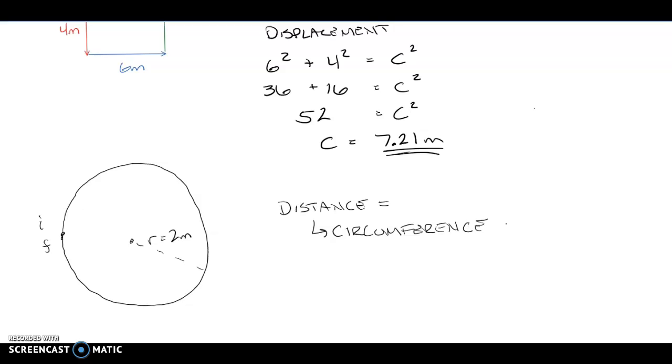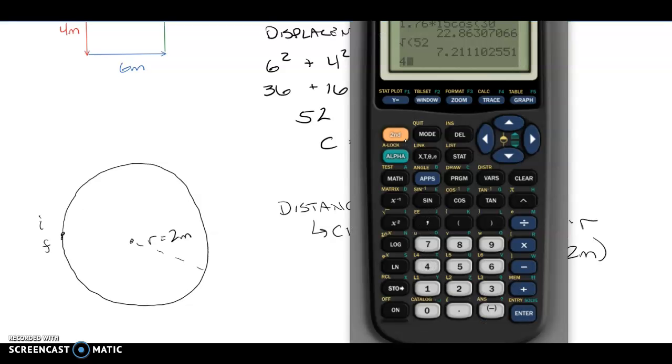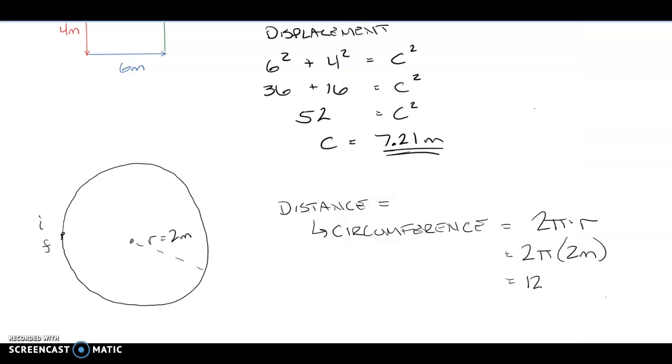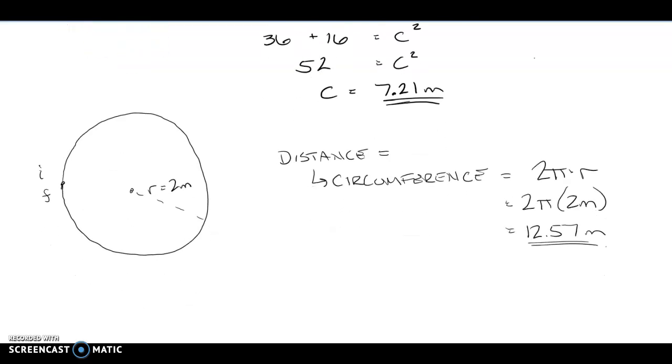The circumference of a circle is 2 pi times the radius. So in this case, this would be 2 times pi times 2 meters. So 4 pi meters, and 4 times pi gives me 12.57 meters of total distance. Now, another equation for circumference: my diameter, d, is just twice the radius, which would be 4 meters.